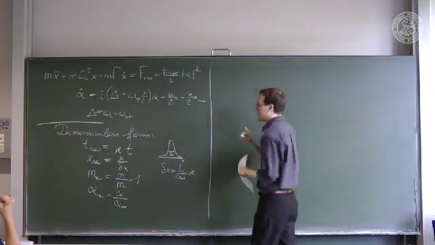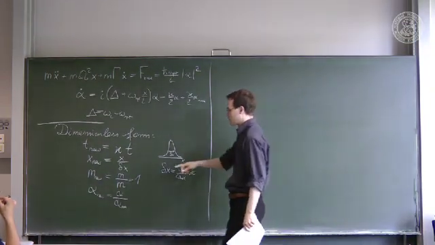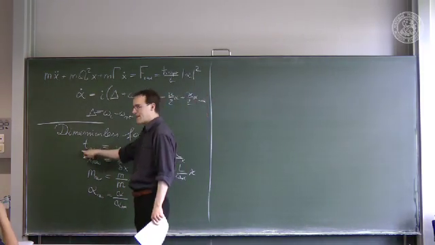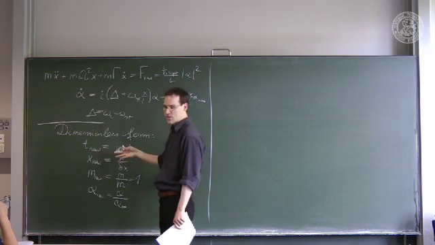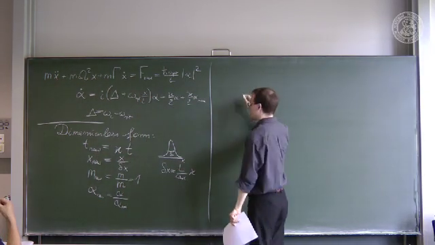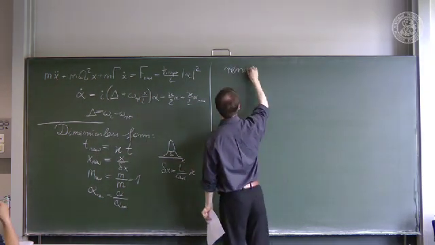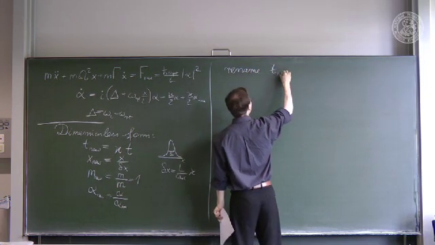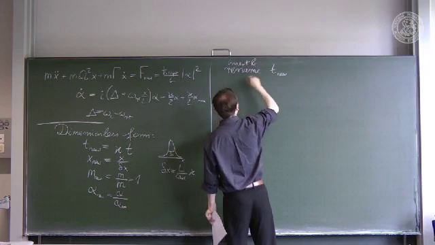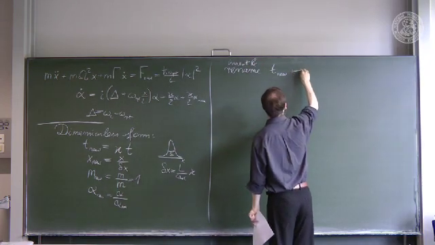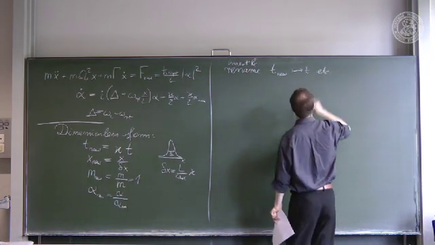But before I write it down, I want to save writing, and so I will rename my time, which now is t nu, into t. So t from now on will be the dimensionless time. So I will first insert into the equations and then again rename t nu into t, and so on.